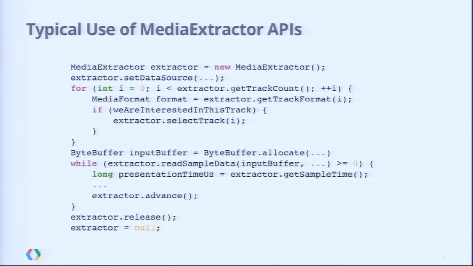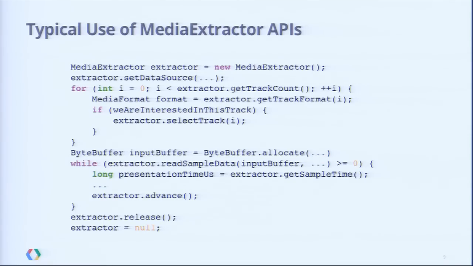Once its data source is set, you can find the total available tracks from that data source by calling getTrackCount. By iterating through all the available tracks, you can find the media track you are interested in, and then you select that specific media track by calling selectTrack.